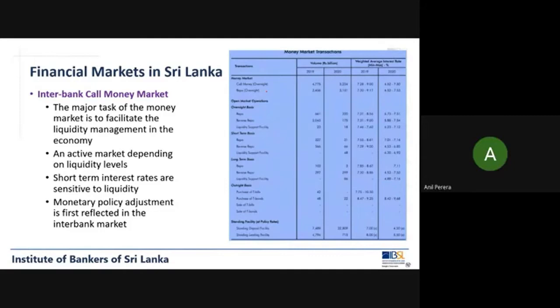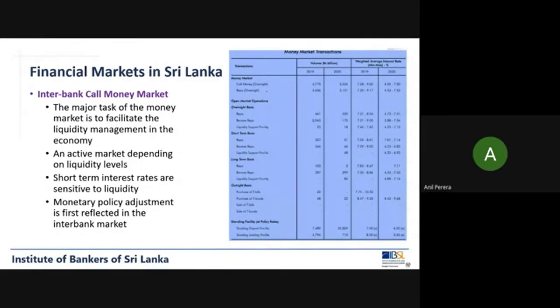No, again, I'll make it clear. In the call market, banks are fulfilling their needs. There's no direct link with the customers. Customers are dealing with the banks, no? So their needs are not fulfilled in the call market. Due to the transactions with the customers, the banks might be borrowing or lending in the call market depending on their liquidity level.